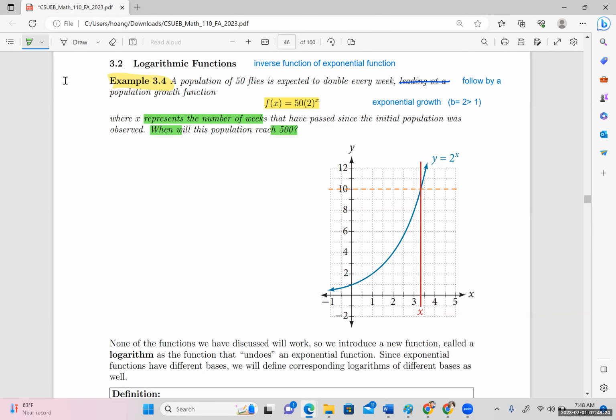Okay, so say I have f of x equal to 500, right?